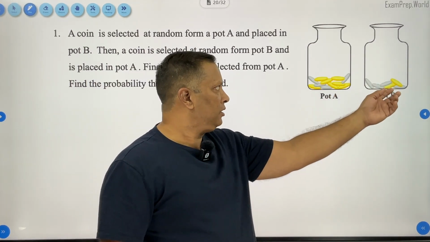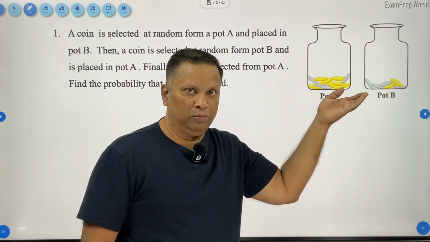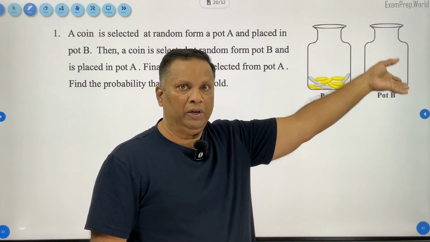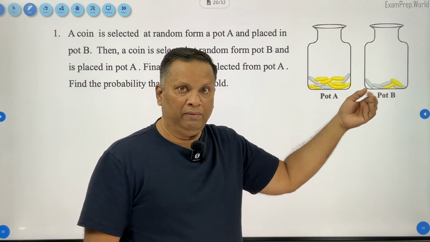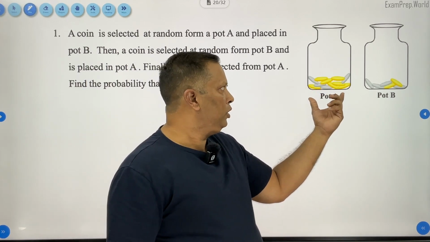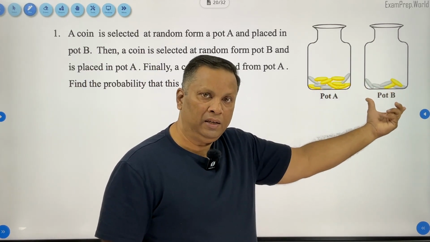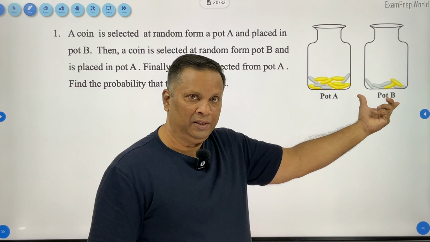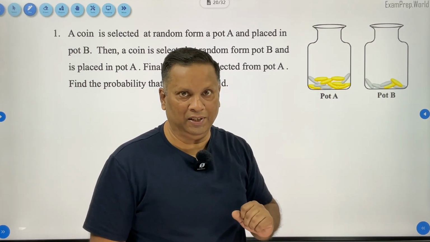If gold goes there, then the probability of gold coming back is also more. If silver goes there, the probability of silver coming back is more. And when you select the third coin from A, it depends upon the two events, the first selection and the second selection, right?